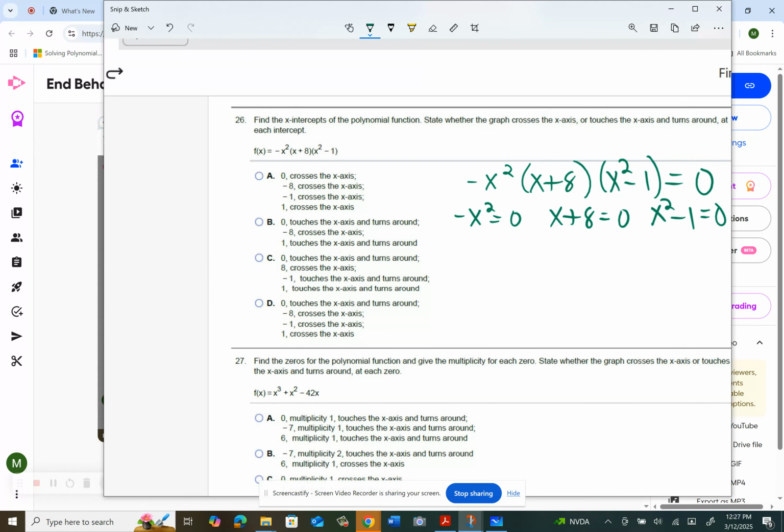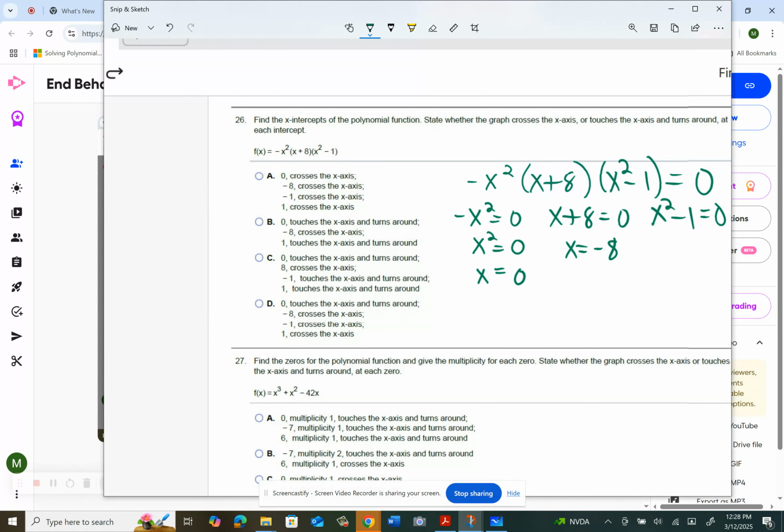All right, and then you can get the answers to each of those. So for this first one, for negative x squared to equal 0, x would have to be 0. You could go through the process of dividing by negative 1 and then taking the square root, but you'd eventually get x equals 0. All right, this one you would just subtract 8.